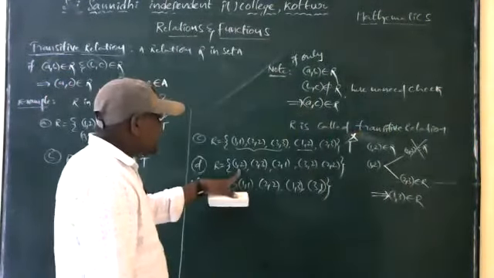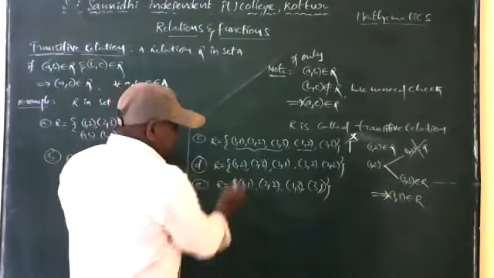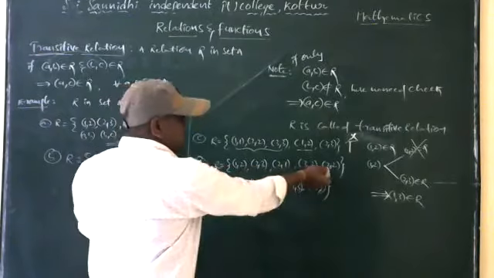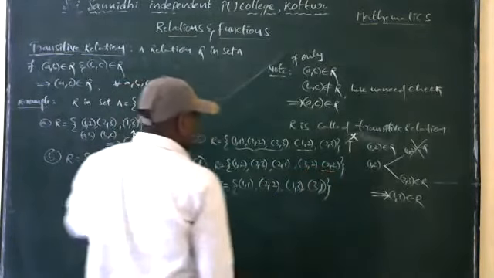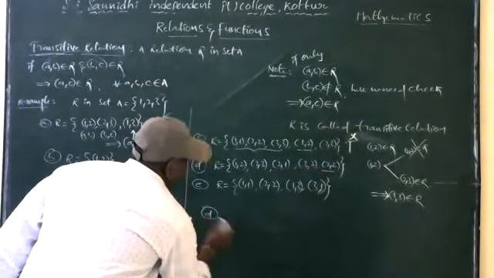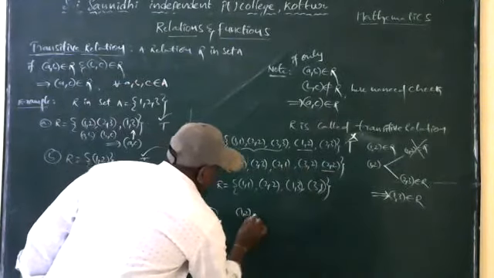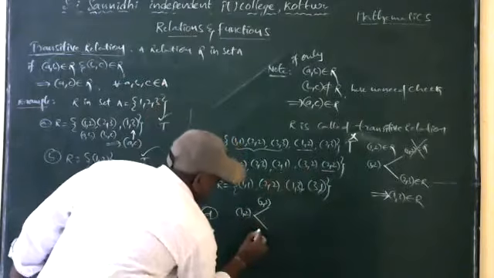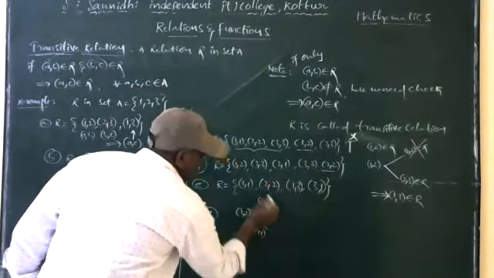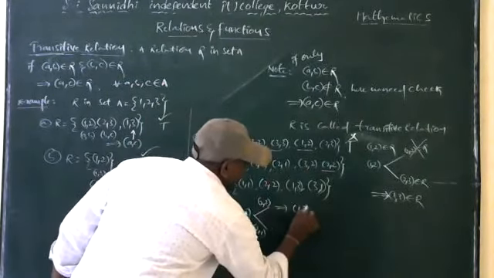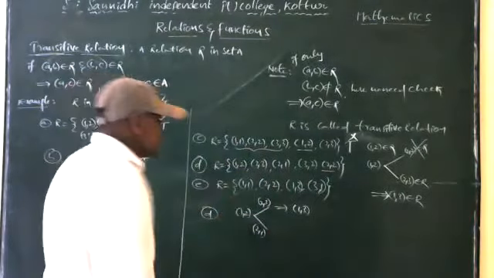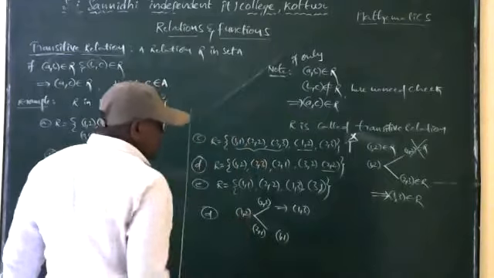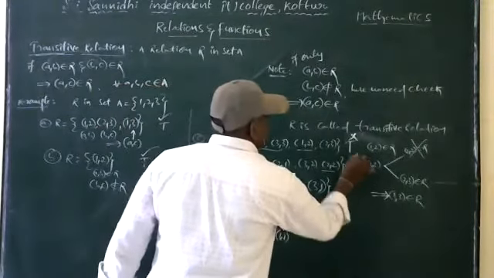Similarly, in the second example, 1 comma 2 is there, then 2 comma 1 and 2 comma 3 are there. With 1 comma 2 and 2 comma 3, 1 comma 3 is not there. Similarly 1 comma 1 is not there, so it is not transitive.